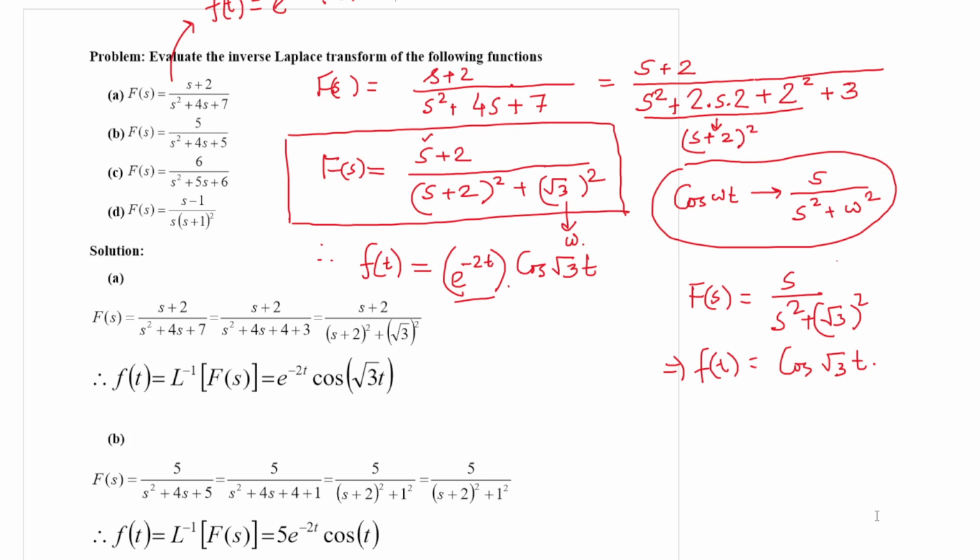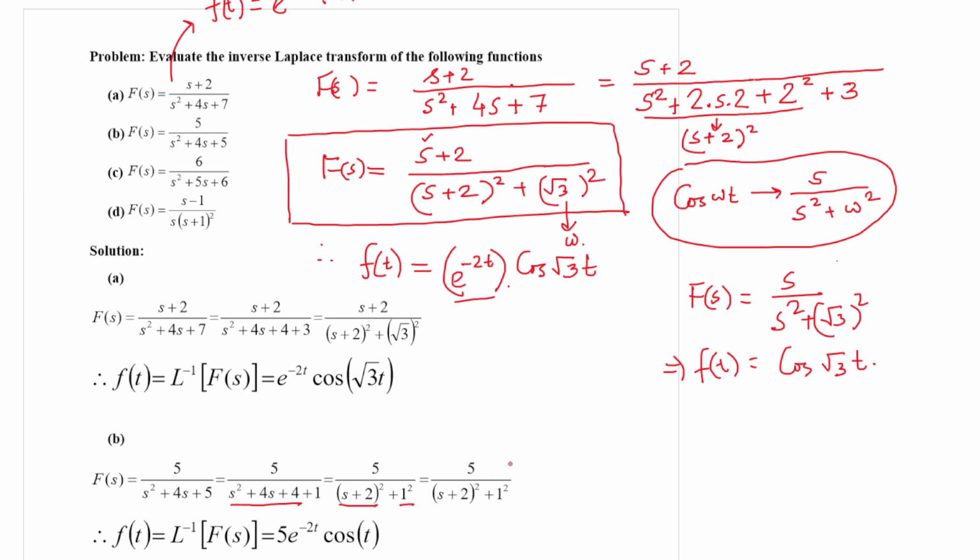Now if you look at the second problem, you can solve it in the same way. In the denominator we write, in the same manner, s square plus 4s plus 4 plus 1. So that is s plus 2 whole square plus 1.